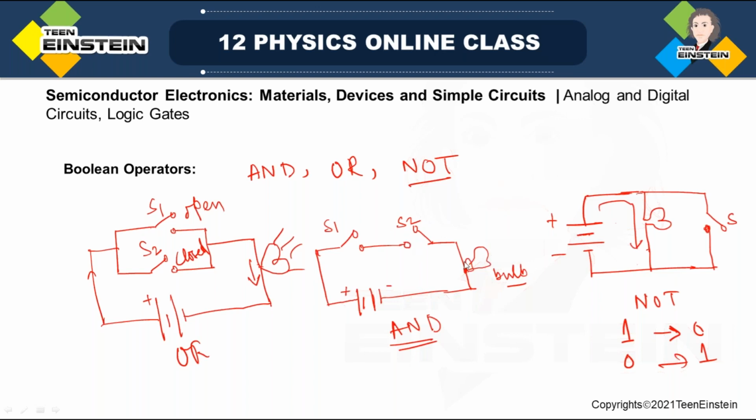But output will be only 1. In case of NOT gate, it has only one switch, so it has only one input, and only one bulb is glowing or it is not glowing. That means the output is only 1.